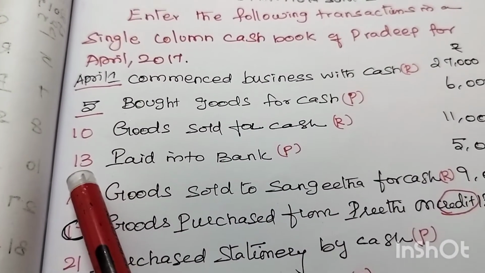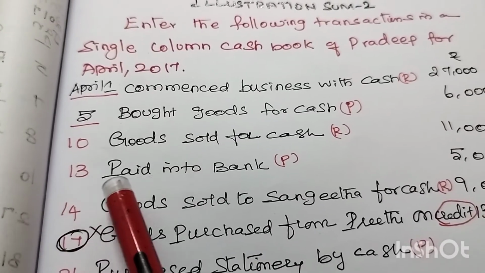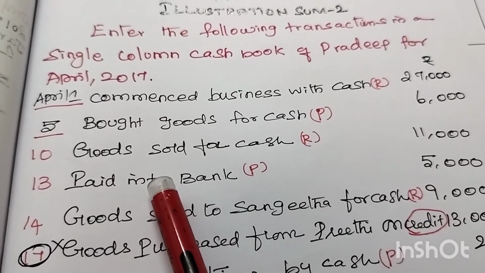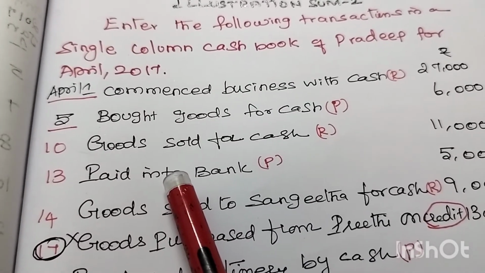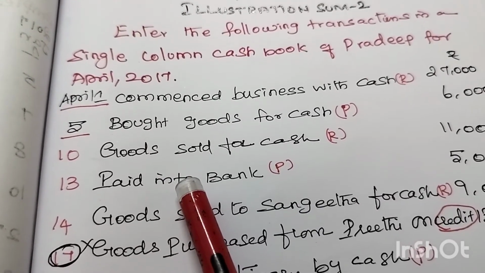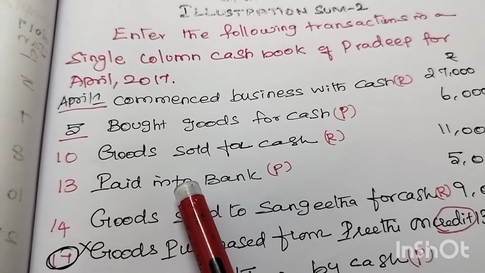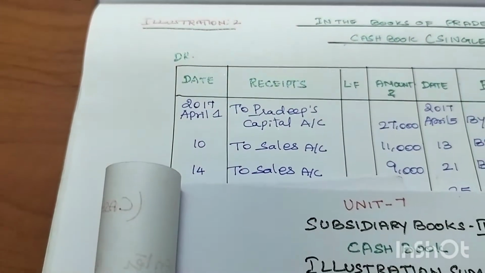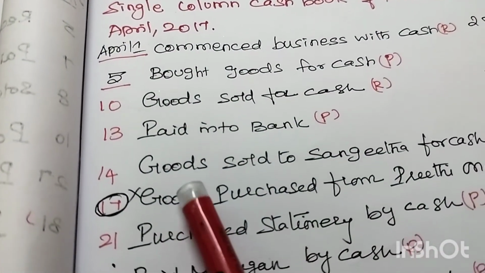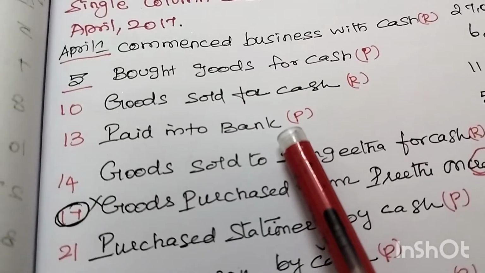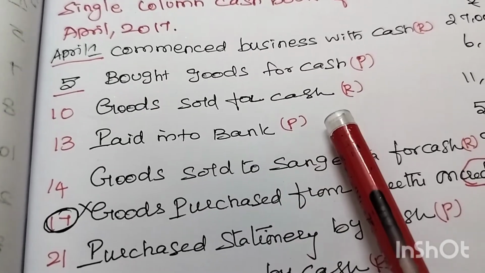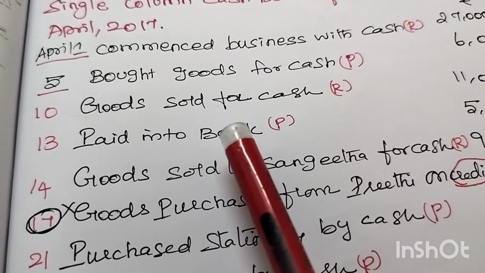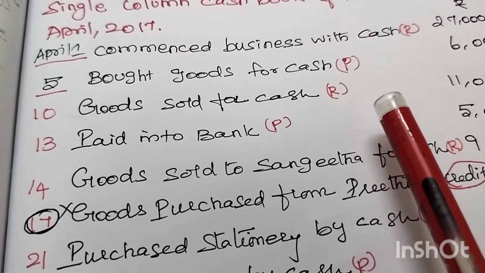Then the next transaction, April 13, paid into bank 5,000 rupees. Paid into bank means your bank account increases and your cash account decreases, so the journal entry is bank account debit to cash account.